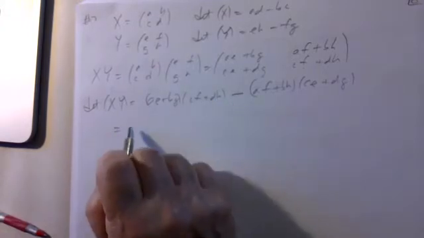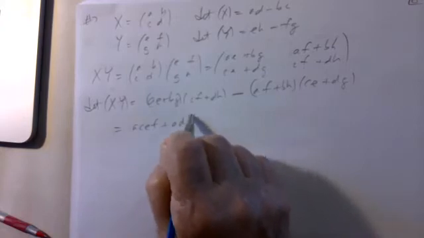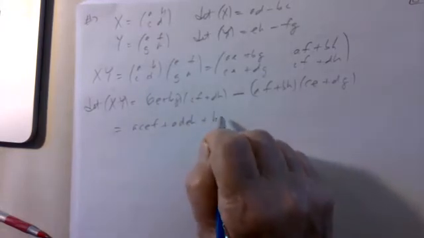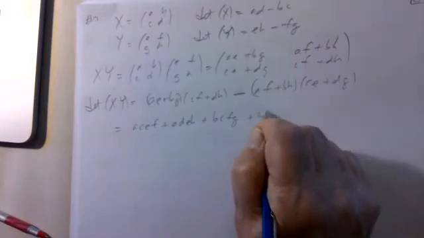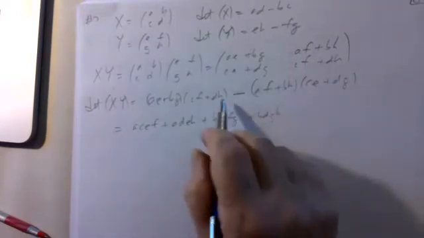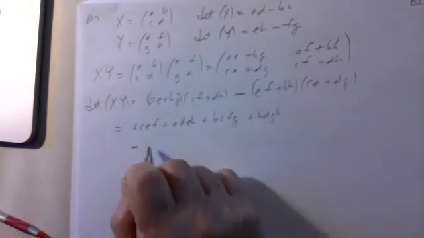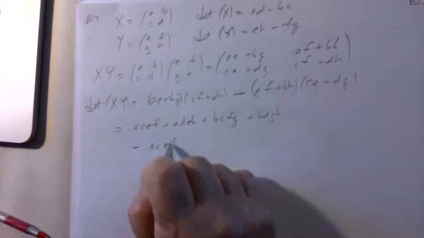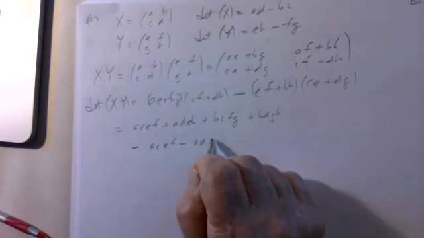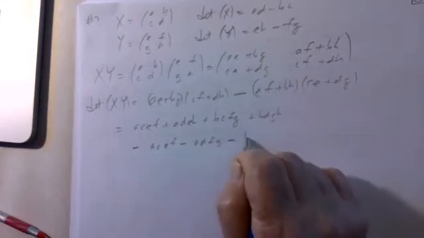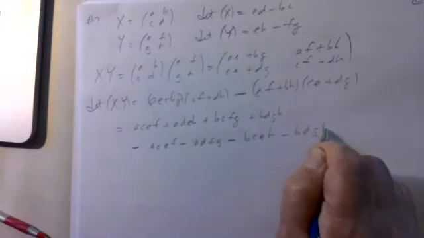So you distribute this across, you get ACEF plus ADEH plus BCFG plus BDGH, minus this. So you get minus ACEF minus ADFG minus BCEH minus BDGH.